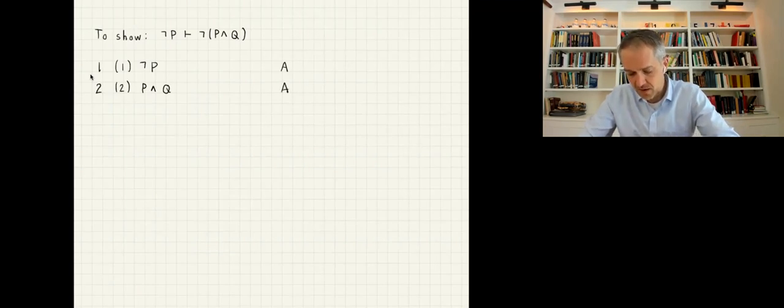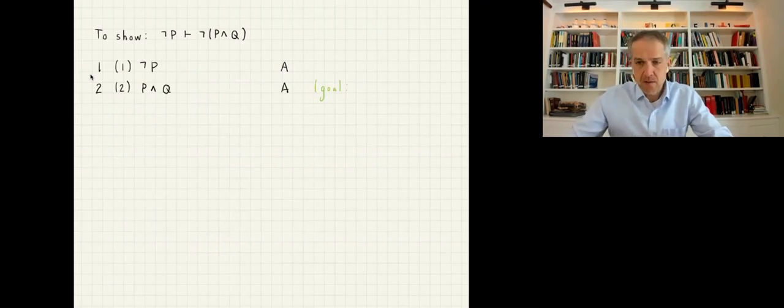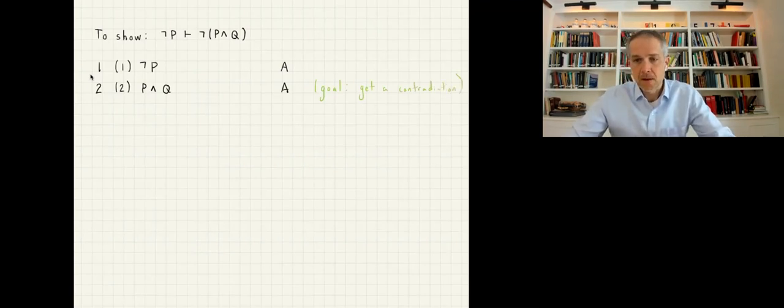So what I'm going to do is, on the right-hand side, write in something here that is actually not part of the proof, but is a hint about what I'm doing. That is, I'm trying to get a contradiction. I'm trying to show that the assumption on line 2 is inconsistent with what we have on line 1.